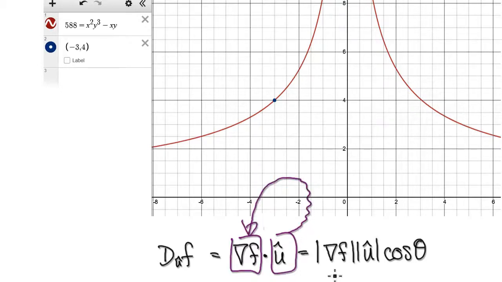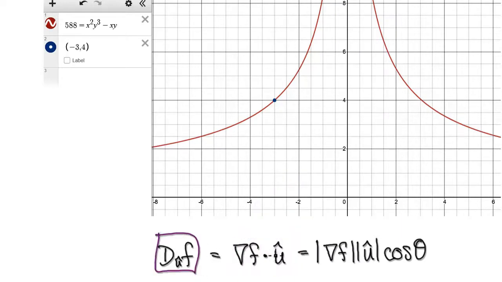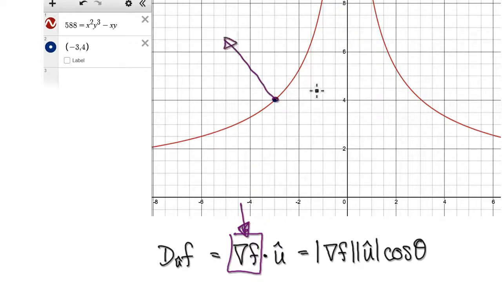We've seen this before, and I've explained this in the past. If you want to maximize this, then make sure the unit vector is in the same direction as your gradient vector. So really it boils down to you finding out your gradient vector. Your gradient vector will be perpendicular to the tangent of the level curve.